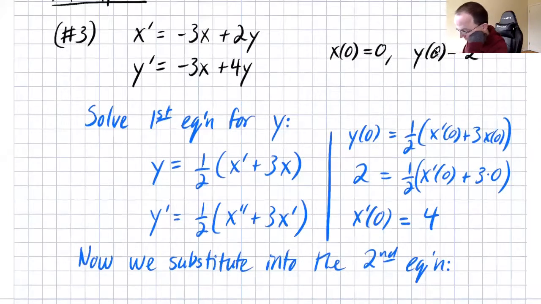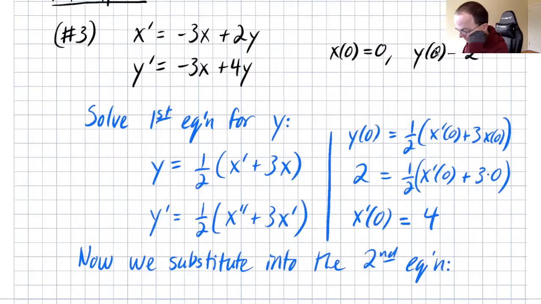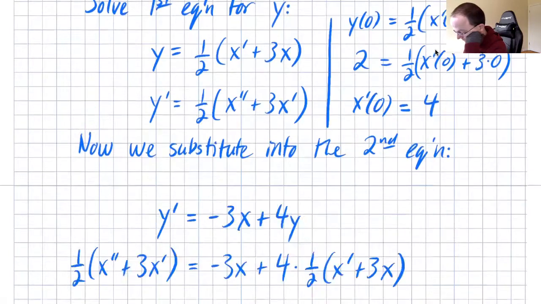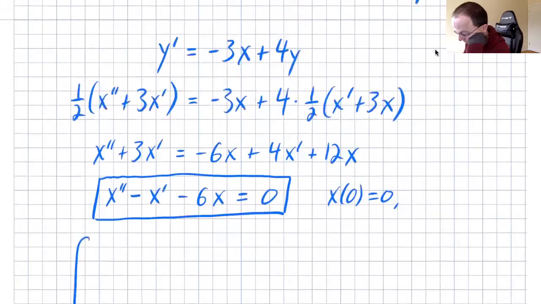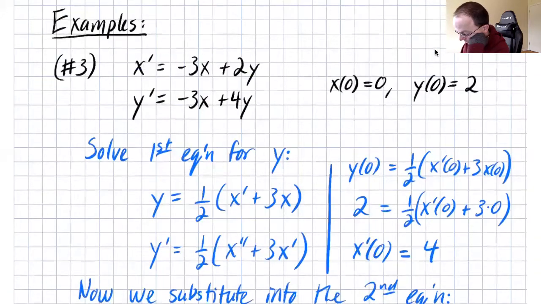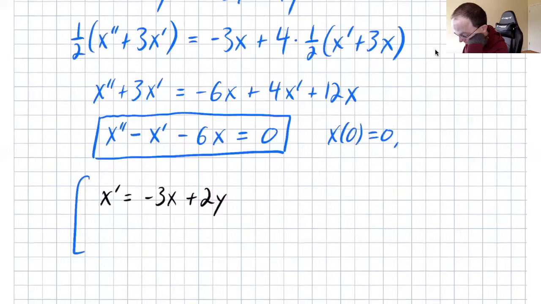Oh, I guess actually now that I think of it, another easy way to do that would be to use this equation here. So let's try that as well. So let's do this x prime equals this stuff. Let's copy that, and let's make it blue. And then let's write down the initial conditions that we have.